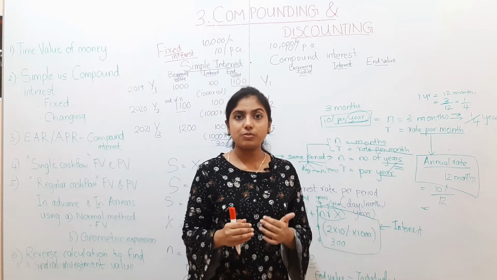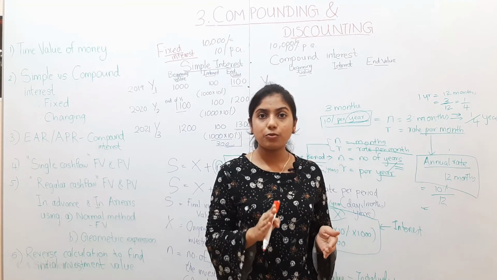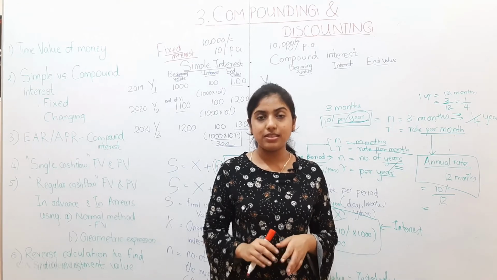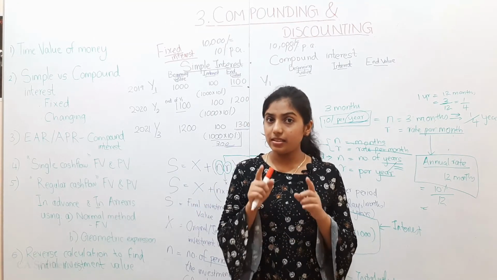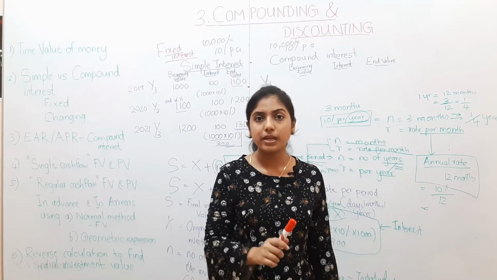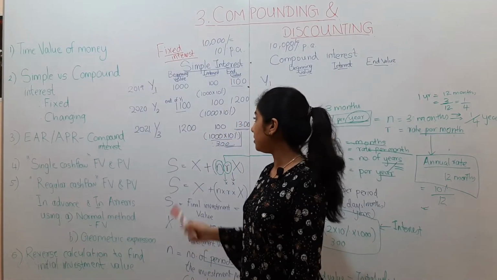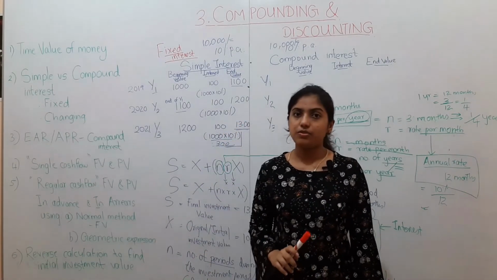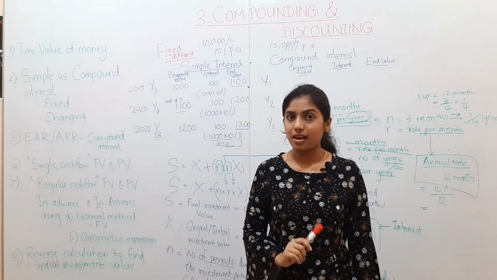But if the investment period is 3 years, but the interest rate for the first year is only 10% and for the next 2 years it is 20%, then there's a change in interest, for which you cannot apply this formula or this tabular method. This is not applicable for a change in interest rate. So please remember that carefully, okay?